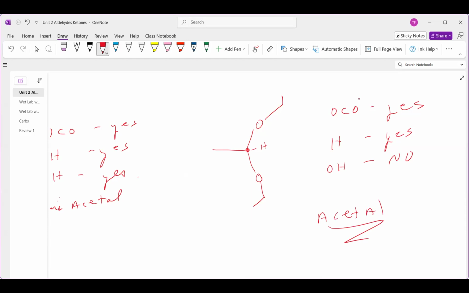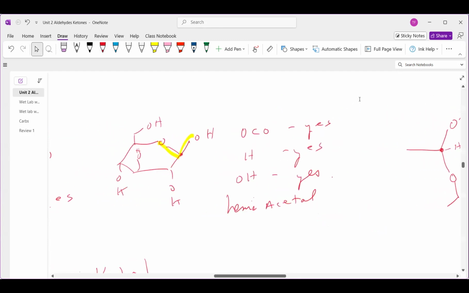Now with glucose, it was a little trickier because you have all these OHs all over the place. But it's the same breaking down process. OCO, H present, OH present.